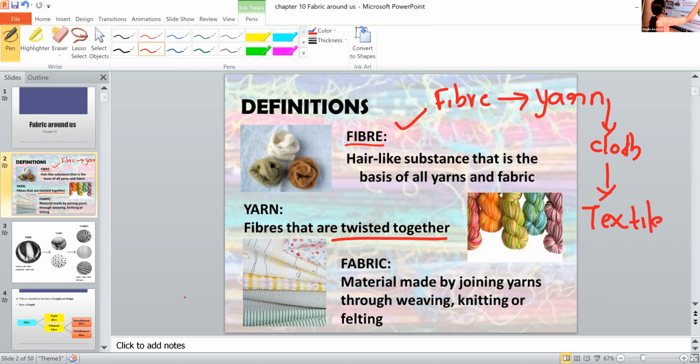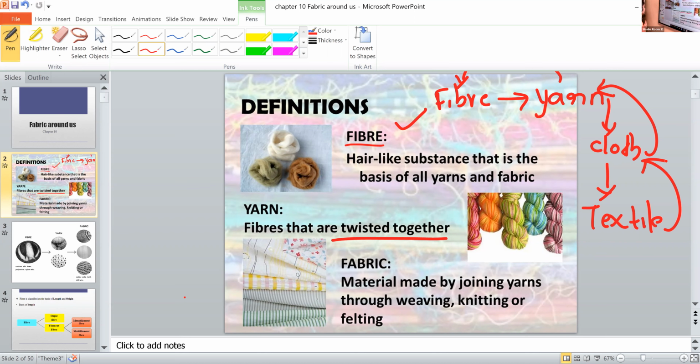The yarn is made from fiber, the cloth is made from yarn, and textile is made from cloth. The hair-like substance, the simple thread, is fiber. When we twist the fiber, that is yarn. And by using the yarn, we make clothes and textiles.